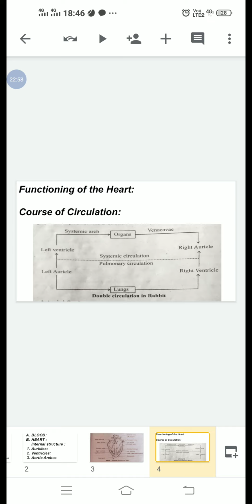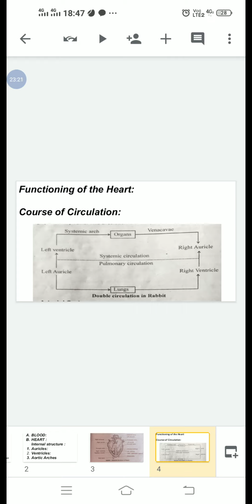The auricles then relax and another wave of contraction begins from the proximal end of the ventricles. This wave of contraction originates from the auriculoventricular node, called the AV node, situated on the interauricular septum.